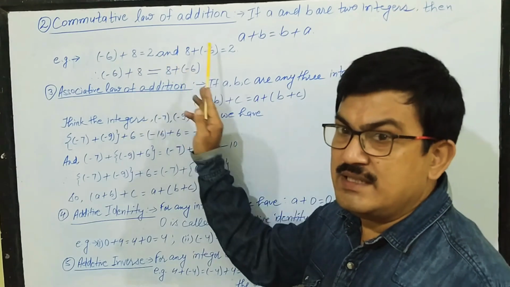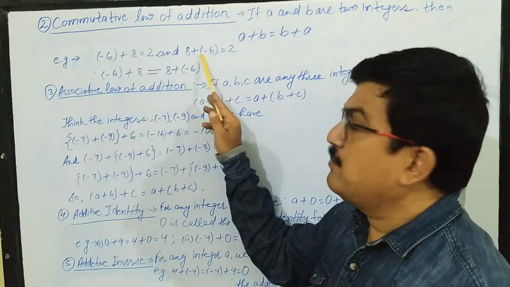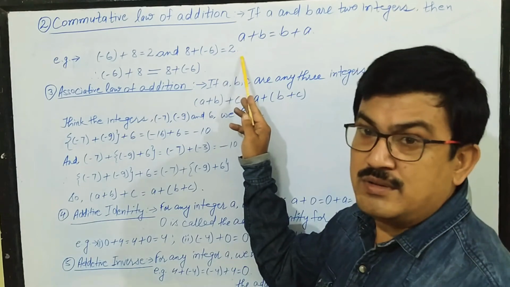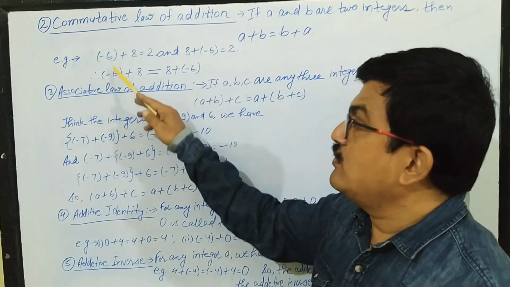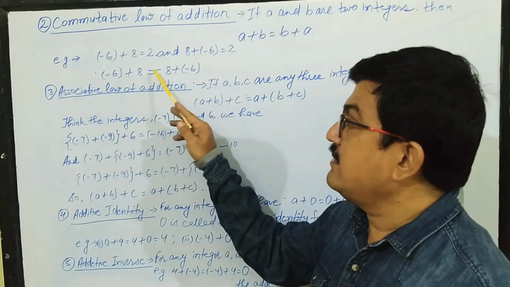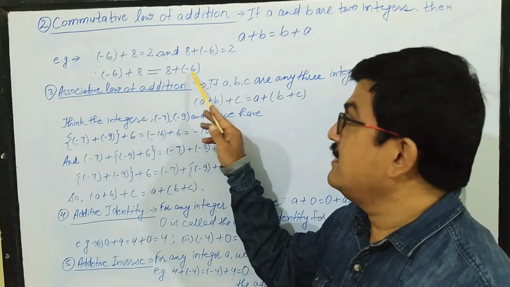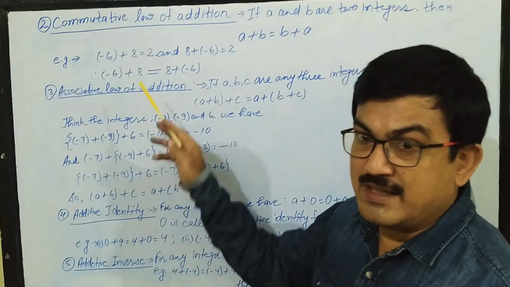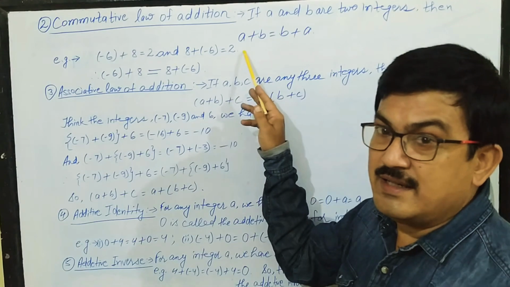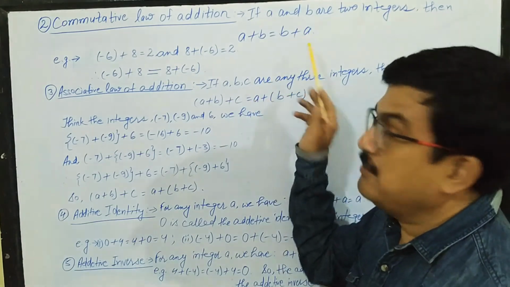And if we change the order, 8 plus -6, it is also 2. Therefore, -6 plus 8 is equal to 8 plus -6. A plus B is equal to B plus A.